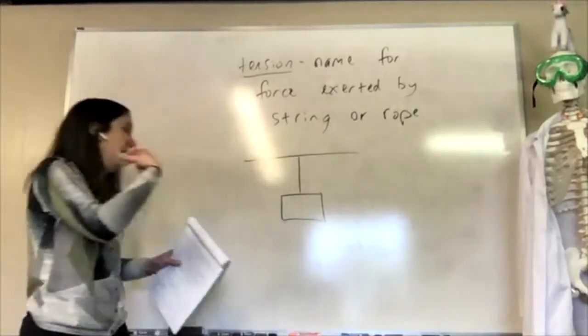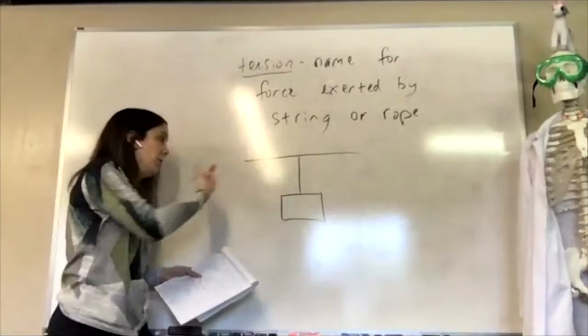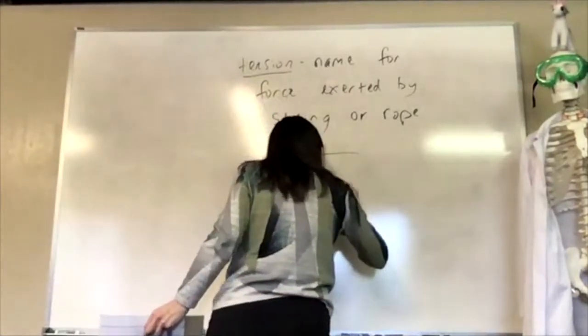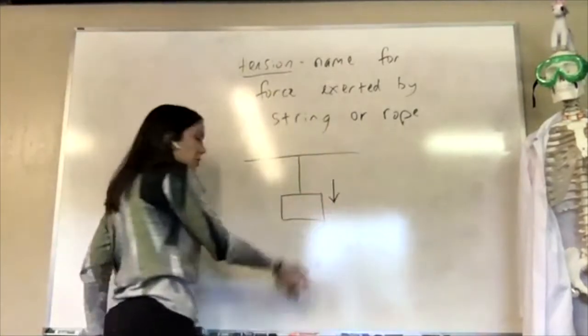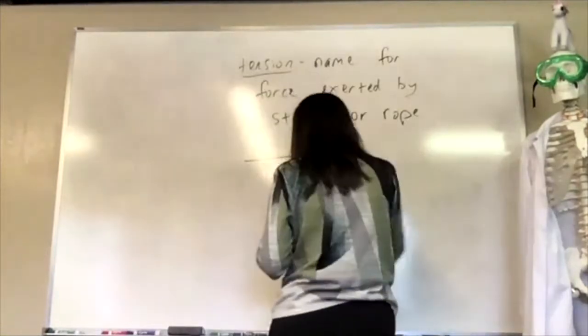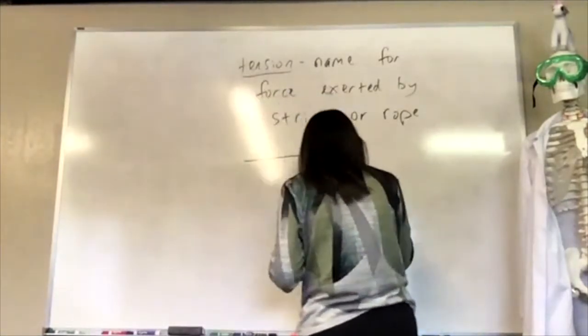So if you have something hanging from a ceiling, you have the force of gravity pulling this object downward. And so you have the force that the weight exerts on the rope.